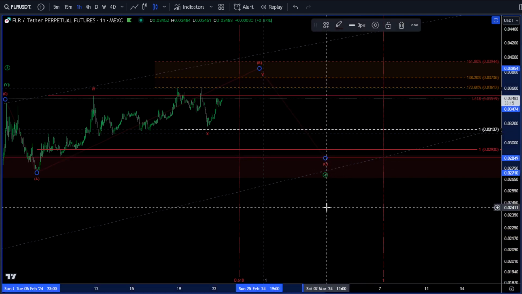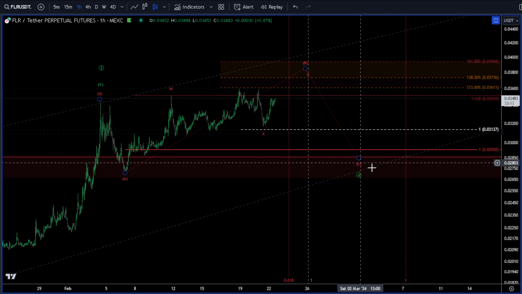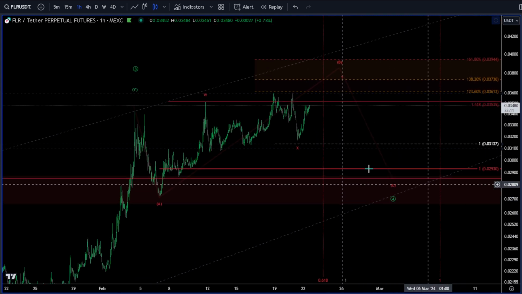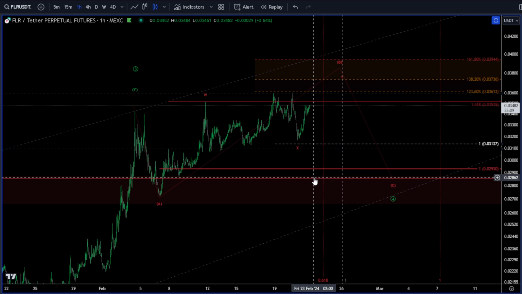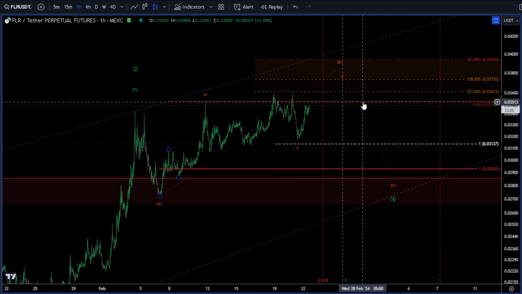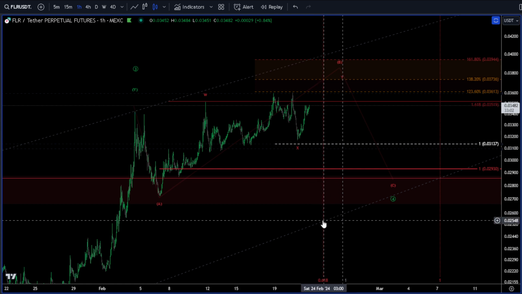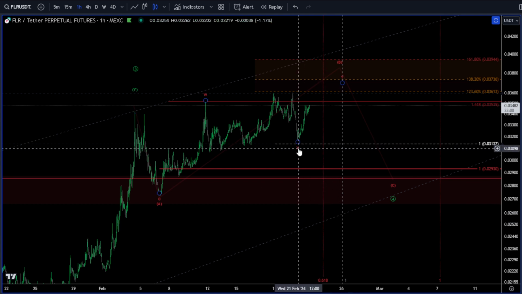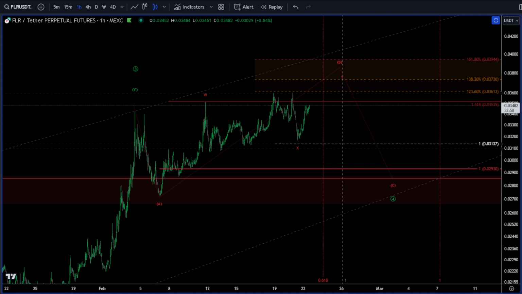It is a guideline, not a rule. So just keep that in mind. So the scenario where we are complete is not ideal guidelines. So you have to keep that in mind. That would be around Saturday. This C wave would be complete.